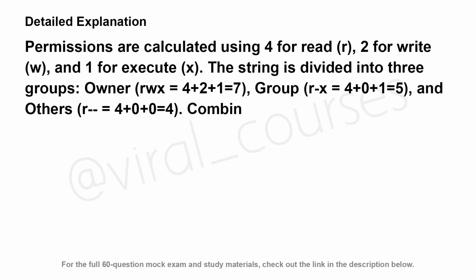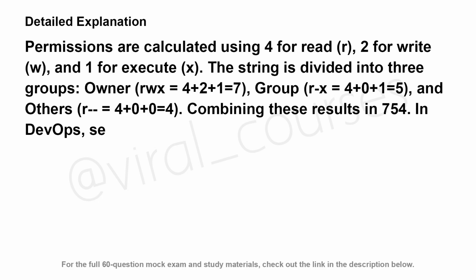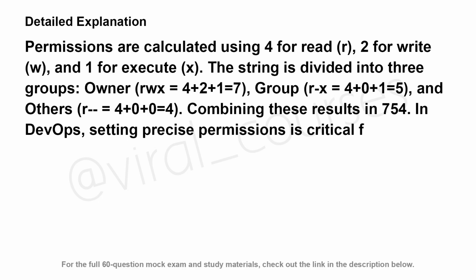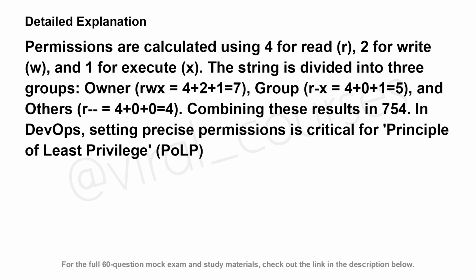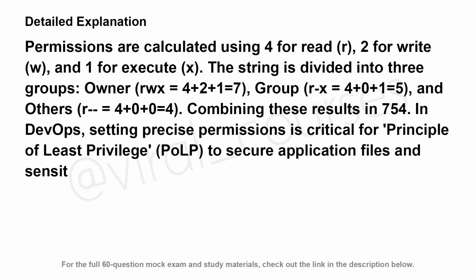And others, r-- equals 4 plus 0 plus 0 equals 4. Combining these results in 754. In DevOps, setting precise permissions is critical for the principle of least privilege, POLP, to secure application files and sensitive data.